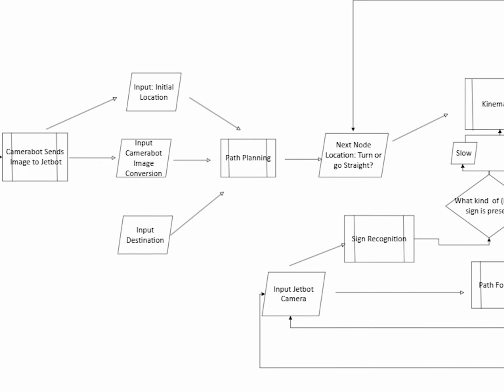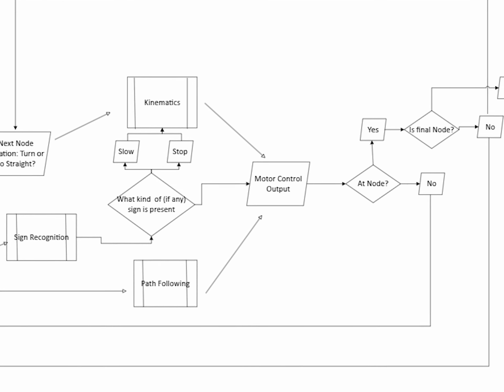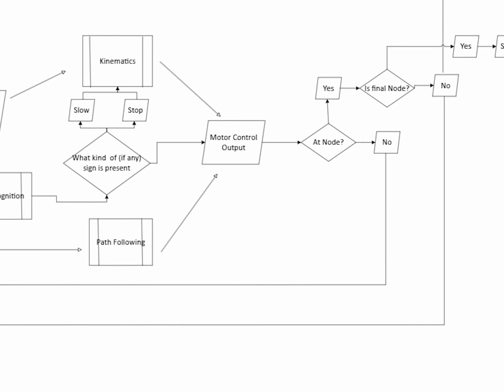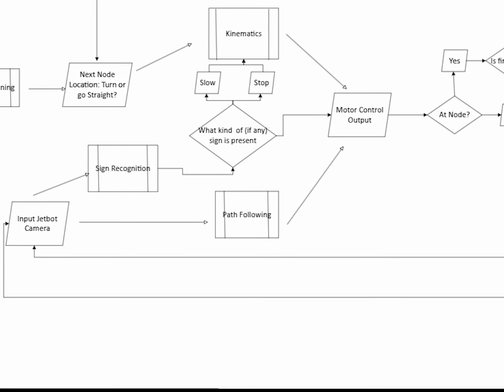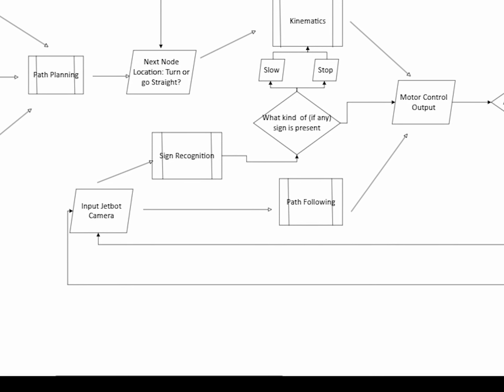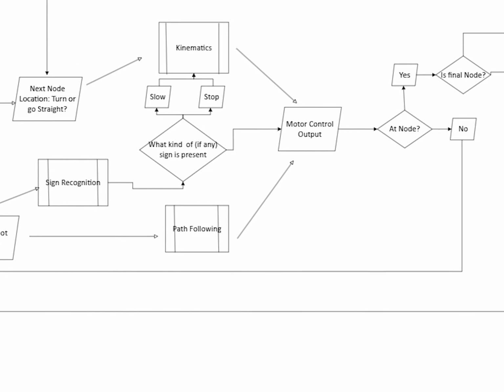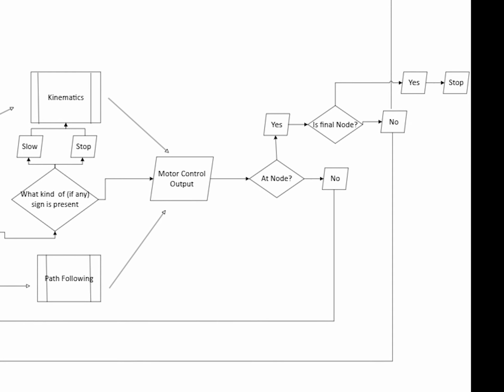And then using the different nodes, it should decide whether to turn or go straight using the kinematics with the left and right wheel. And then while all that is happening, they will also alternate between following the road and following the road signs, because the camera can only do one thing at a time. So it will check for signs intermittently and obey all the traffic signs and be able to recognize them.